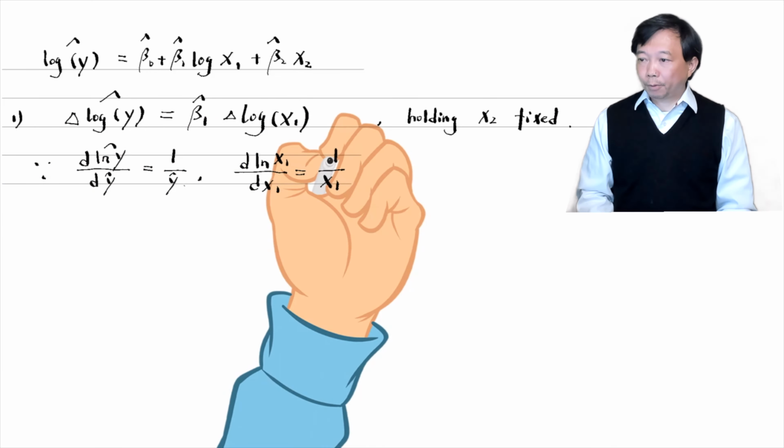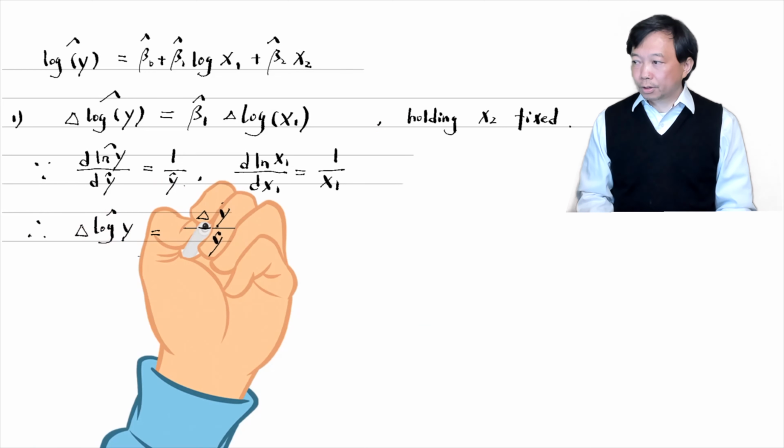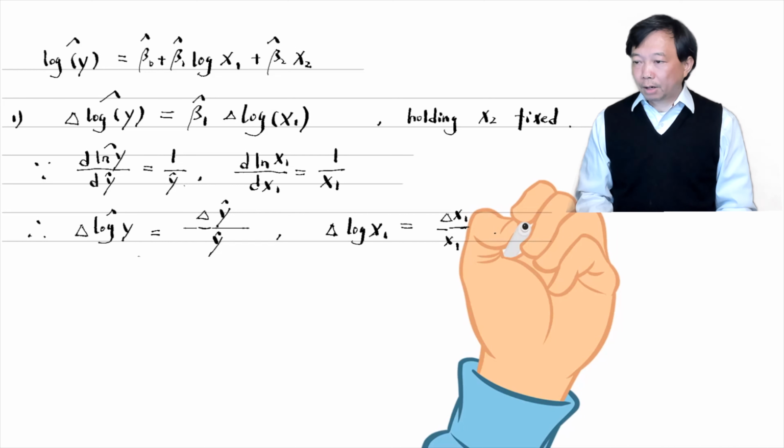The derivative of the natural logarithm is as follows. So we can write delta log y hat as delta y hat over y hat, and delta log x1 as delta x1 over x1.